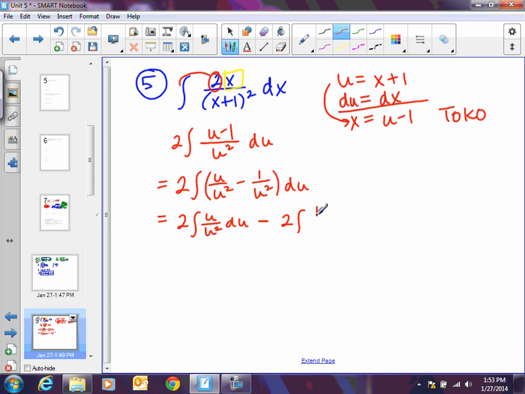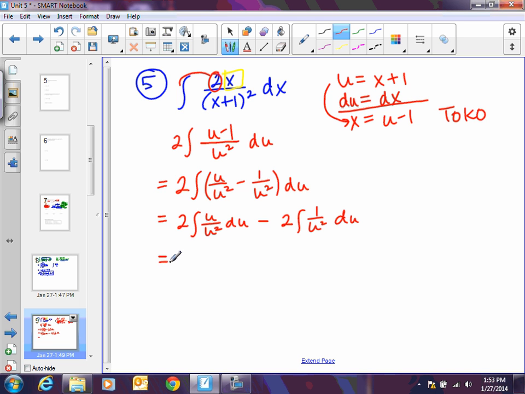This is what I really wanted to show on this problem after the TOCO. Notice that the 2 went with both pieces. I could have done 2 in a big bracket, but we had one big messy integral, and then I broke it up into 2 smaller pieces. Again, we've seen this with the TOCOs before.